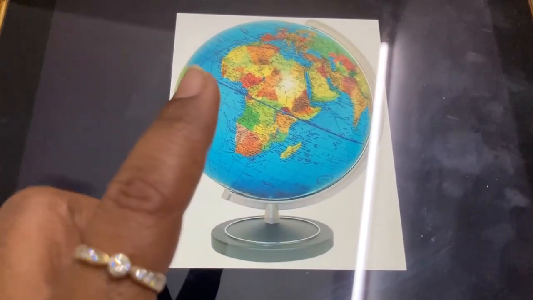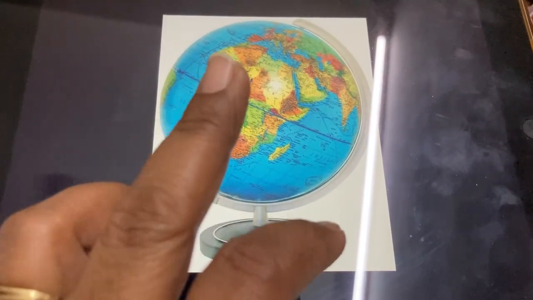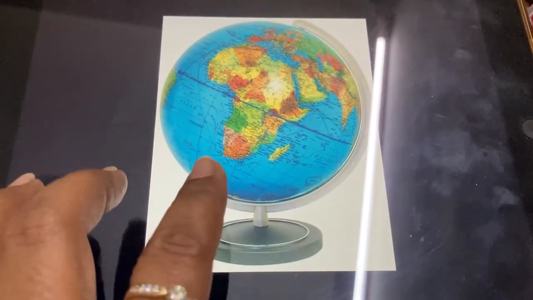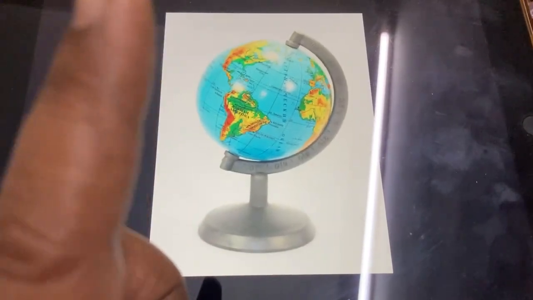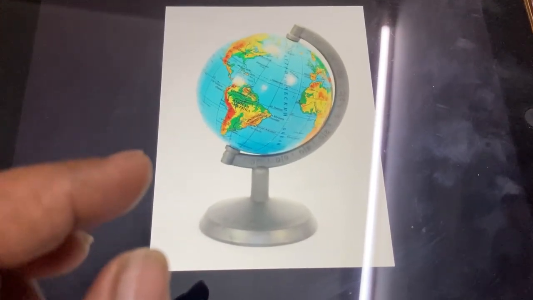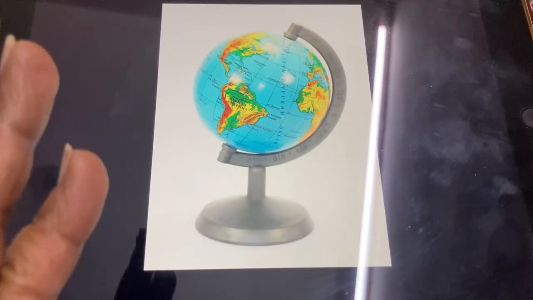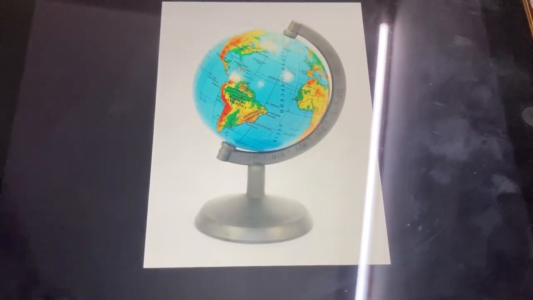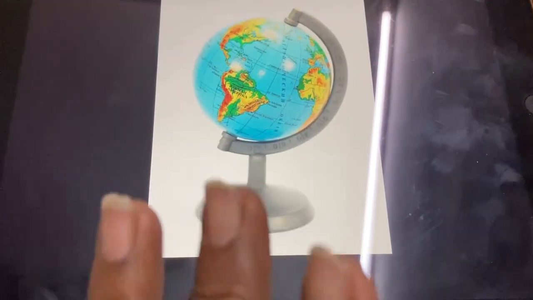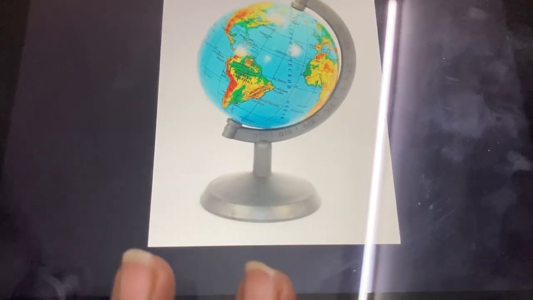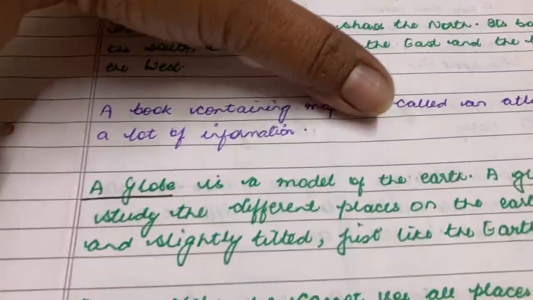Here also, if you see, this is a bigger picture of the globe, and here we can see a part of the world, and then here also we have some. Whichever part we want to see, we have to move the globe. But the same thing is not with the map, since a map is on a flat surface, so the details are in front of us in a book or a paper.